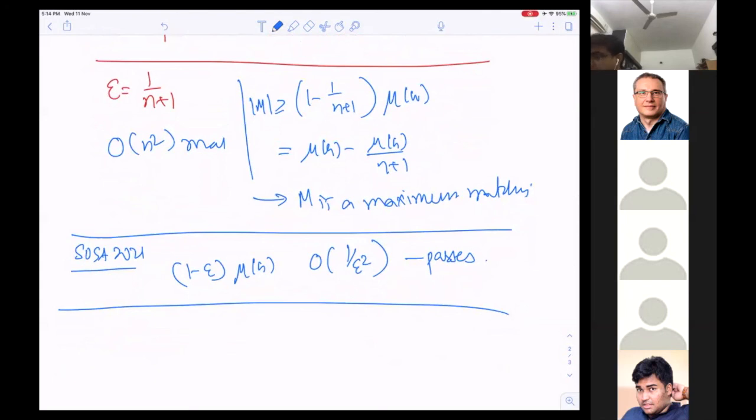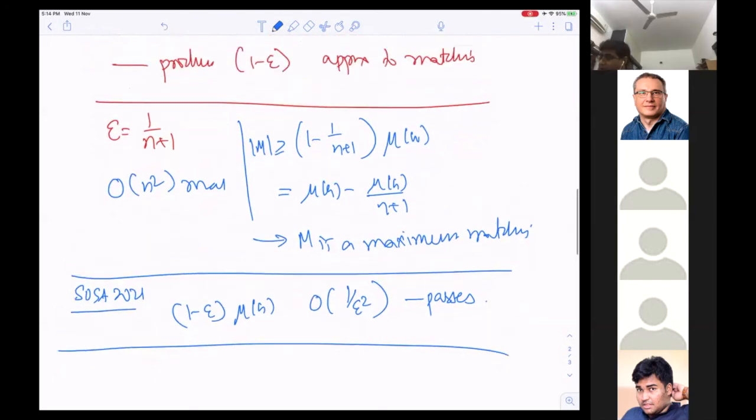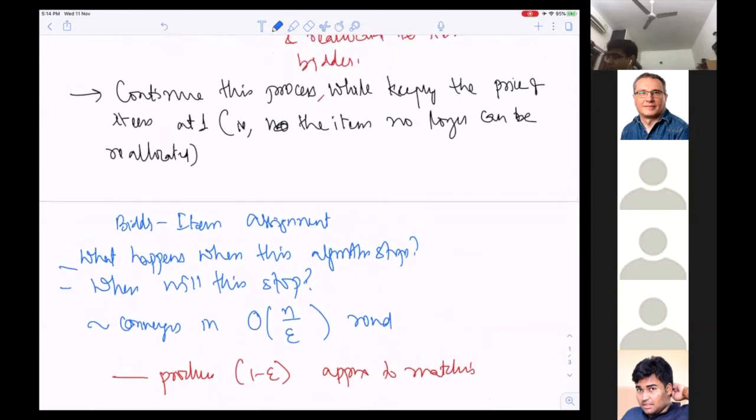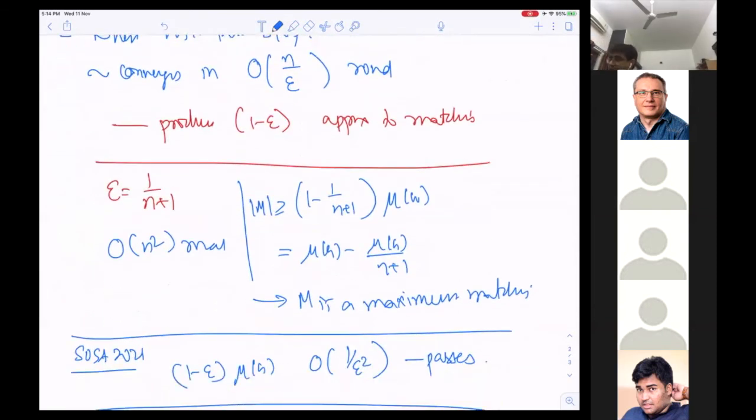It is not at all obvious that it will stop in this many rounds and produce a 1 minus epsilon approximation.